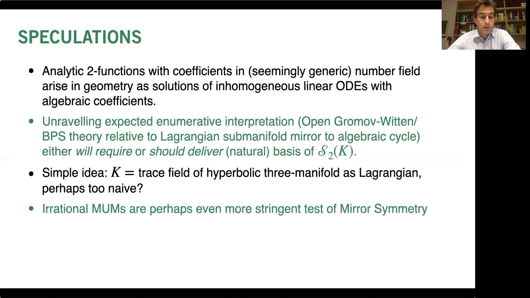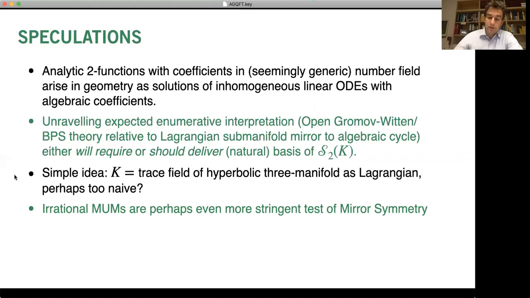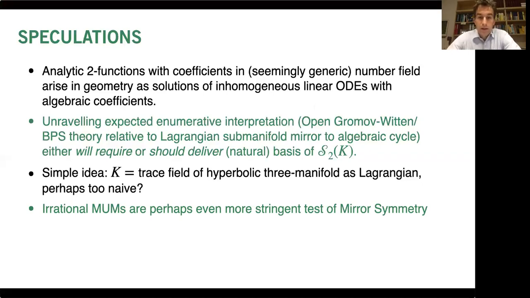Then I told you about these irrational MUMs, and they're even more difficult, because these open Gromov-Witten invariants are much more complicated and not always defined. So you can hide a lot there in the ignorance, but not for ordinary Gromov-Witten invariants.